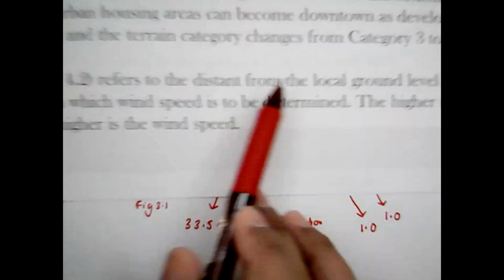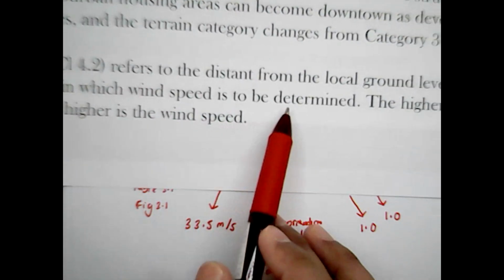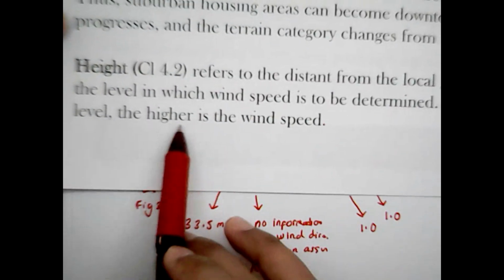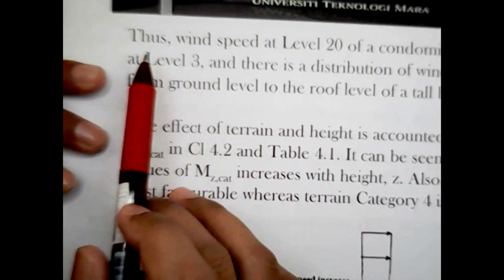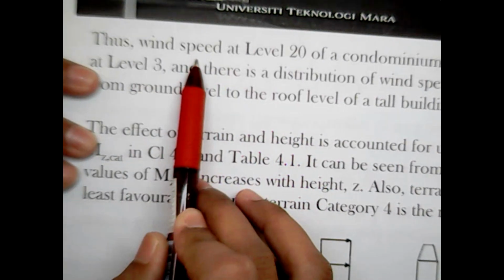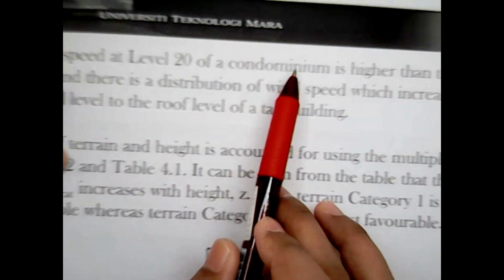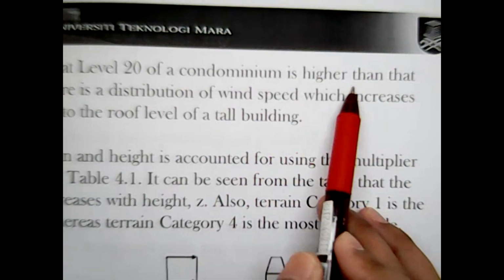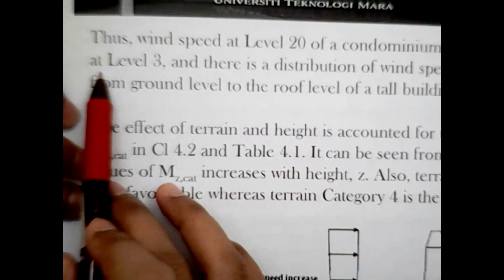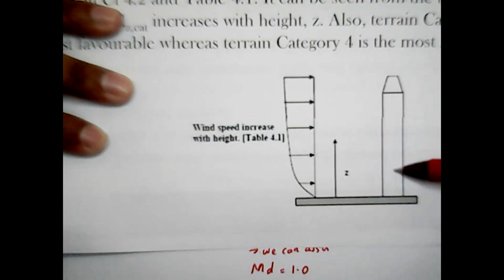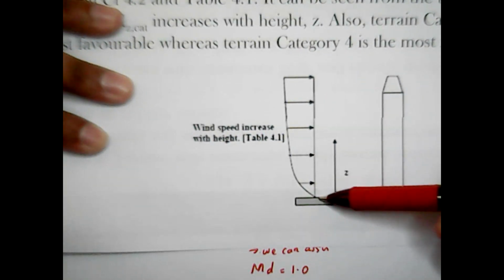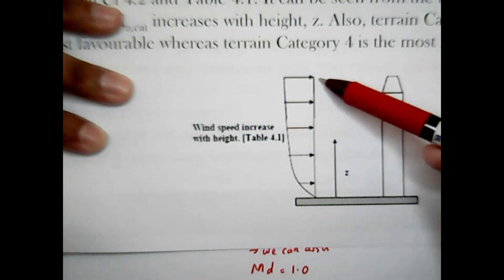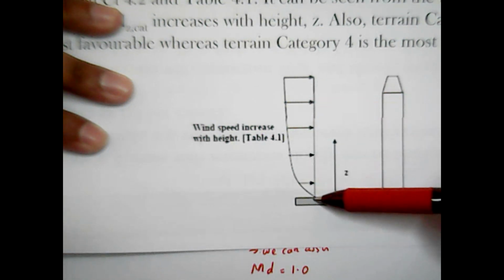The height, as you can see in clause 4.2, refers to the distance from the local ground level to the level at which wind speed is to be determined. The higher the level, the higher the wind speed. For example, the wind speed at level 20 of a condominium is higher than that at level 3, because the wind speed increases gradually from bottom to top.